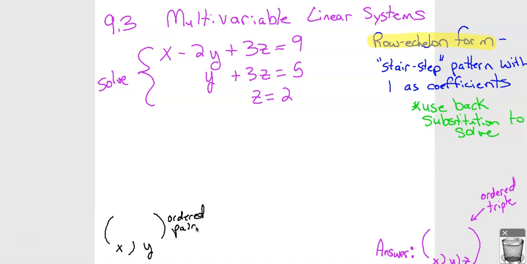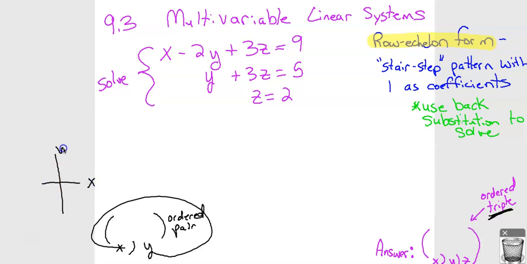So it's an ordered pair. Well, with three variables, notice we have an x, y, and a z. This is called an ordered triple because it has three variables, and it has to be in that order, x, y, z. Normally we would graph this x, y point on a piece of graph paper, where we have our x line and our y line. So how do you graph x, y, z?